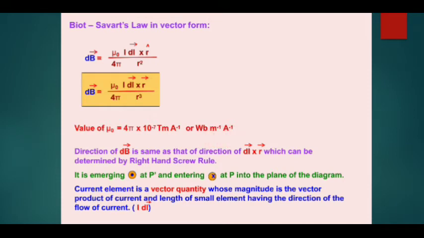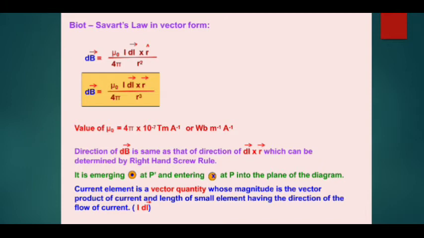The direction of the magnetic field is the same as the direction of dl vector cross r vector, which can be determined by which rule? The right hand screw rule. What is the right hand screw rule? The thumb gives the direction of current and the fingers represent the direction of what? Magnetic field.